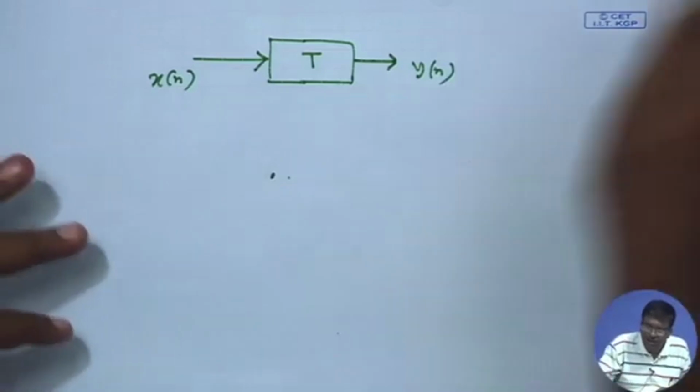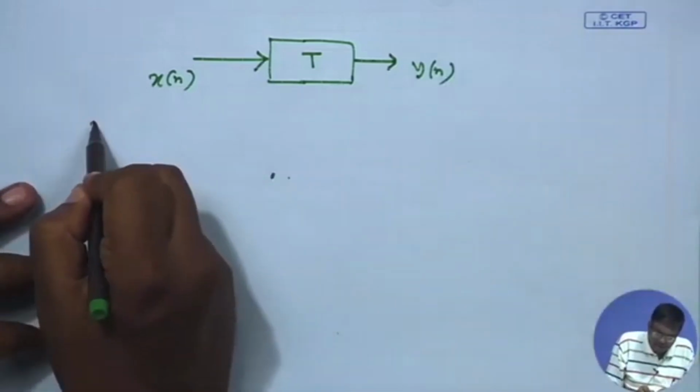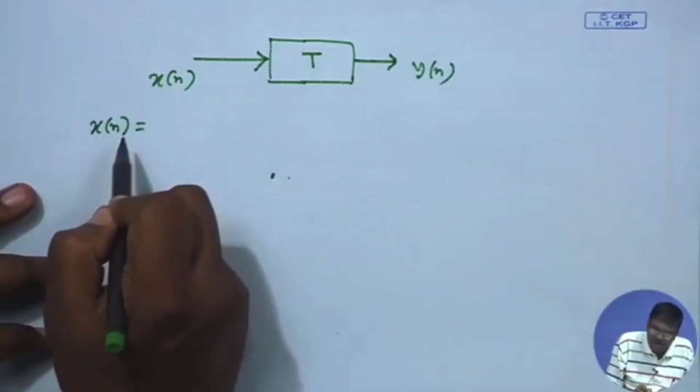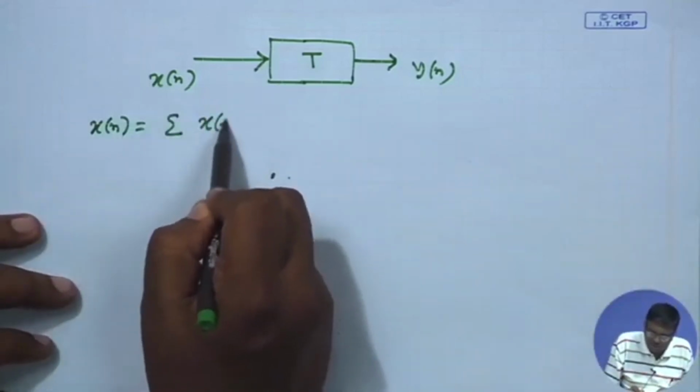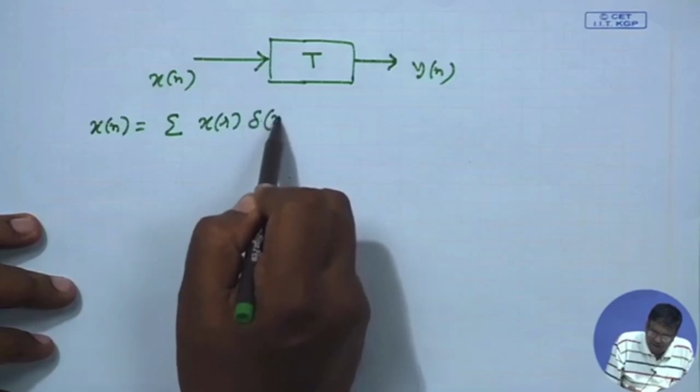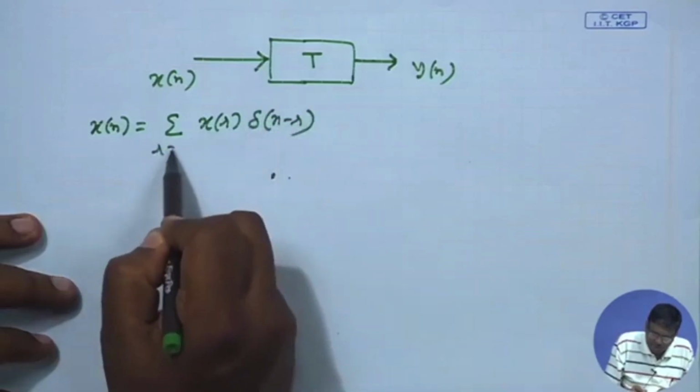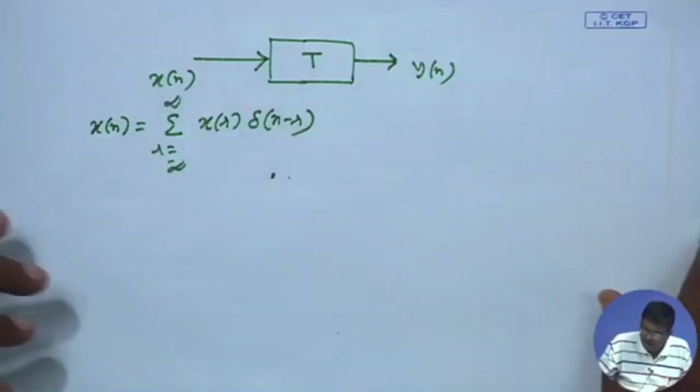Now, remember yesterday in the last class I showed that any sequence x n can be represented as a superimposition of delta sequences. Let me see if I can find the slide. Yes, here.